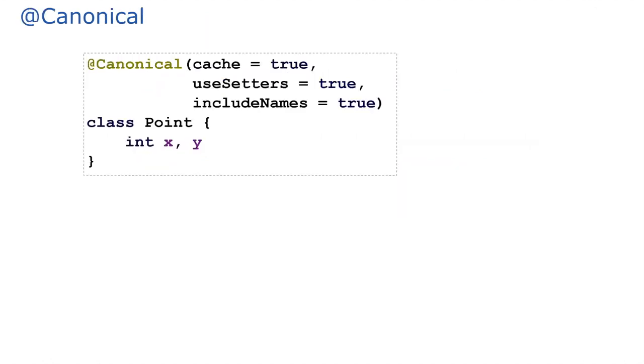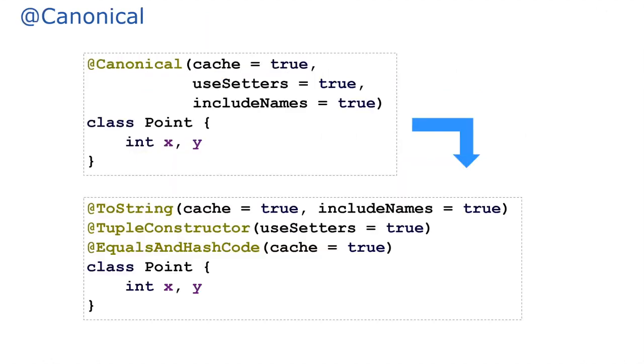And that's just showing you how things will work here. If I have canonical and we've got some of those annotation attributes, I can tweak or configure how I want canonical to be applied. All of the appropriate annotation attributes will be fed to wherever they are applicable for all the individual annotations there.